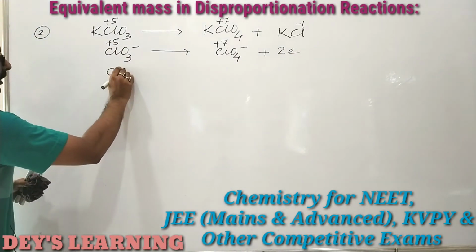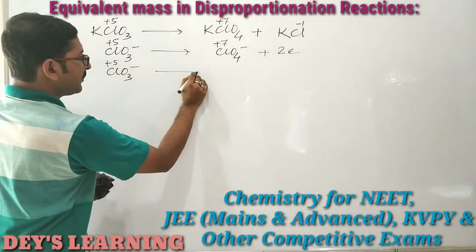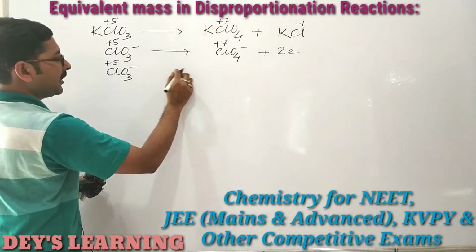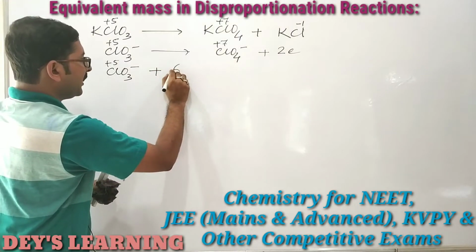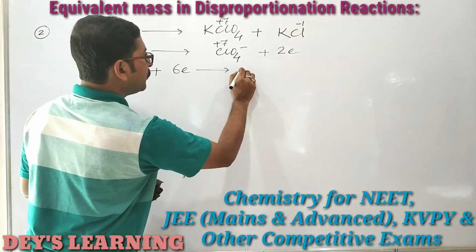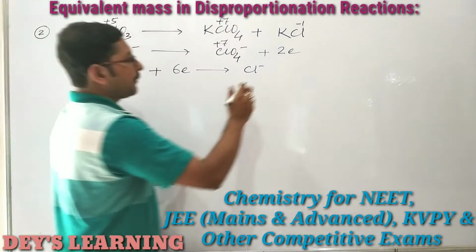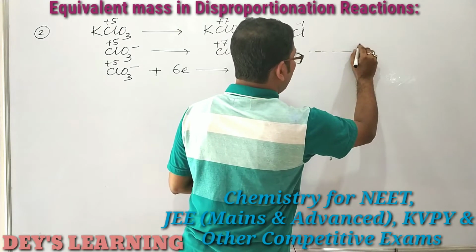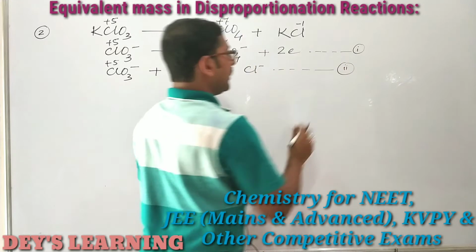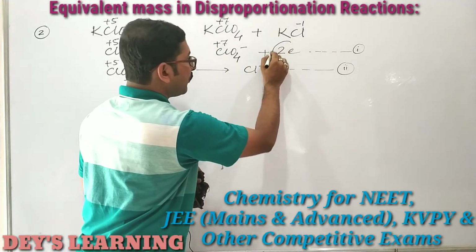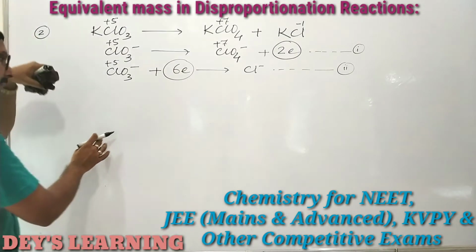And again ClO3 minus, the oxidation number of chlorine is plus 5 here, it is reduced to Cl minus after accepting 6 electrons. So if we want to balance these two equations ionically, we have to balance the number of electrons, that is 2 electrons involved here and 6 electrons involved in the reduction process.